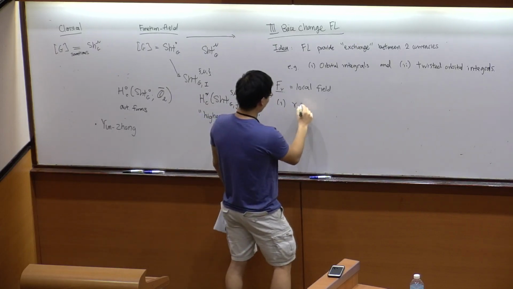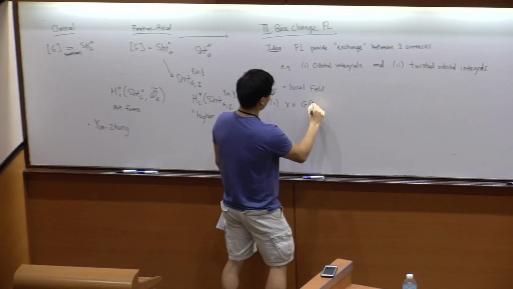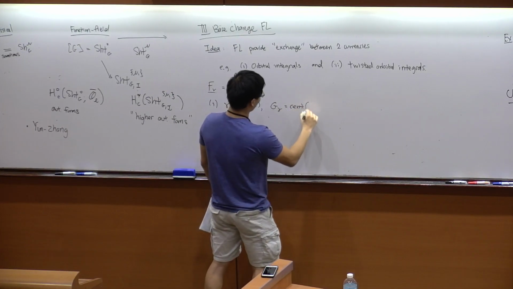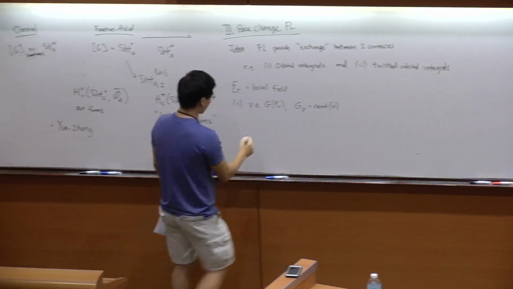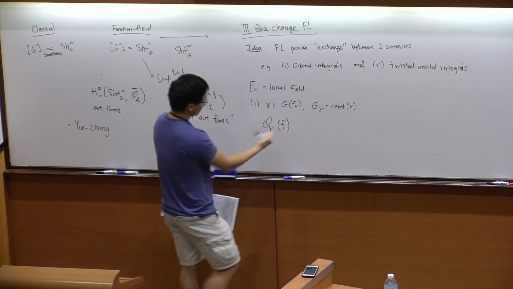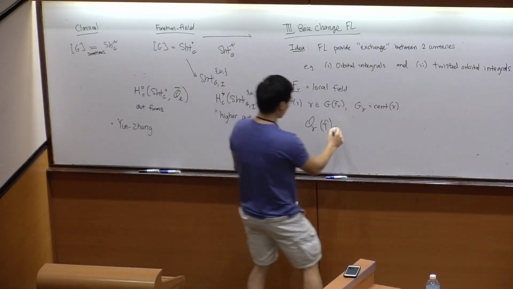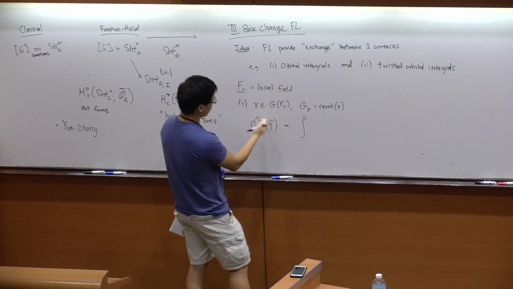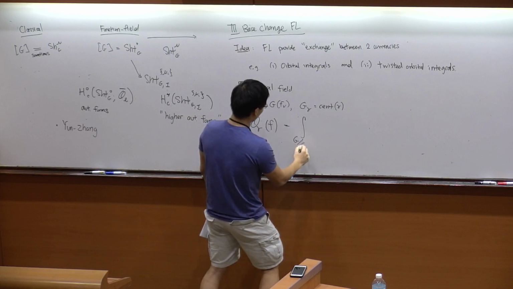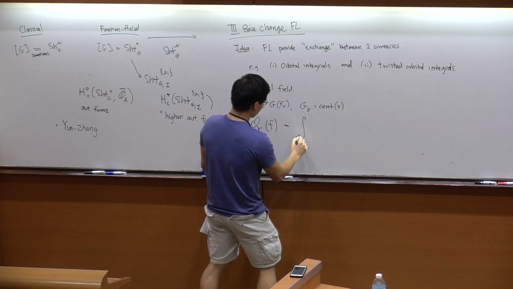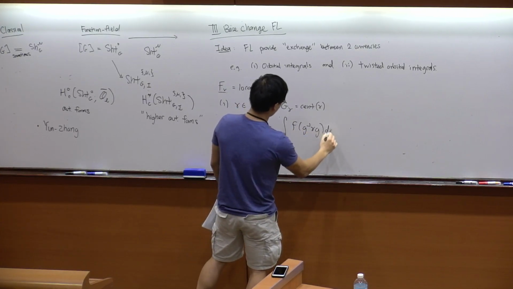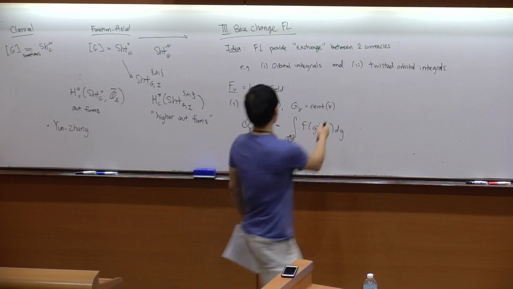So if I give myself an element gamma of G(F_v), and I'll let G_gamma be the centralizer of gamma inside G, then the orbital integral of some test function f is, morally, the integral of f over the orbit of gamma under conjugation. So I could write that as the integral over G mod G_gamma of f(g^{-1} gamma g). Okay, so that's what an orbital integral is.